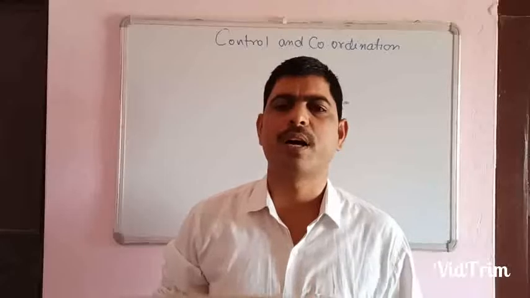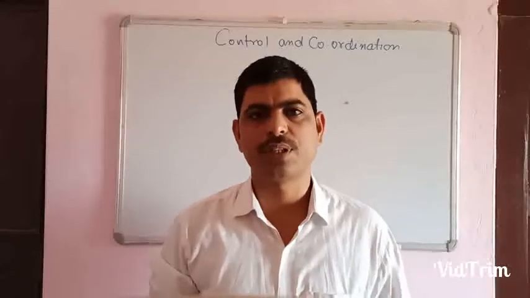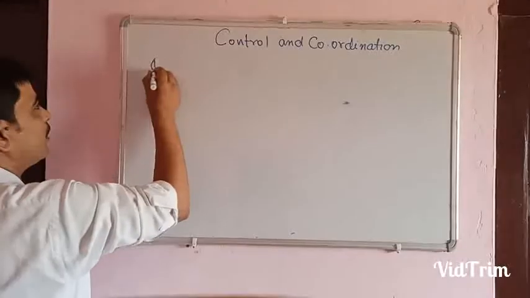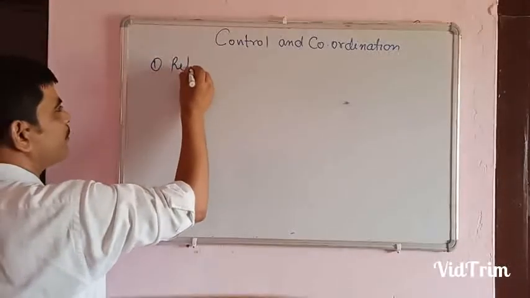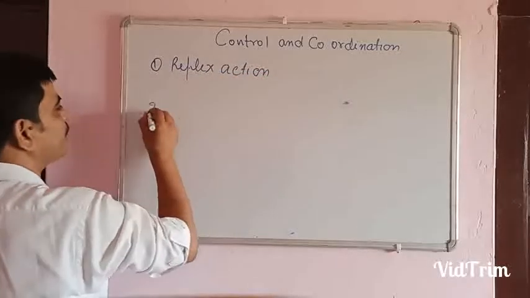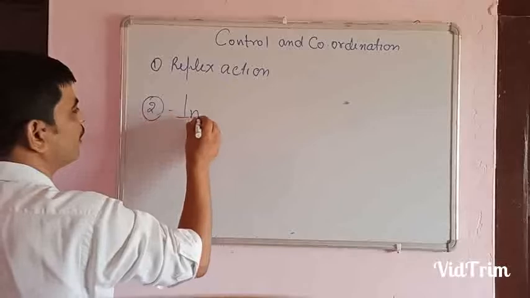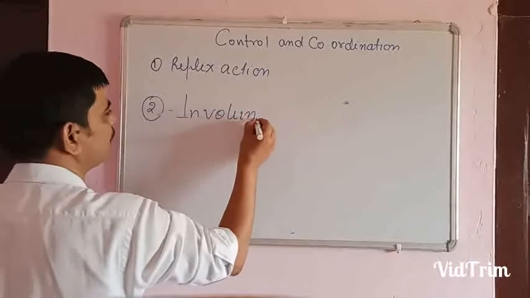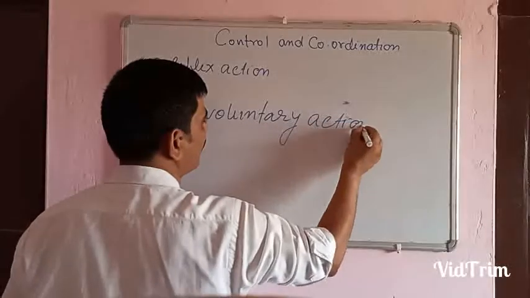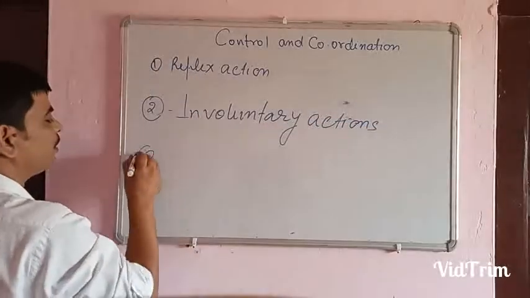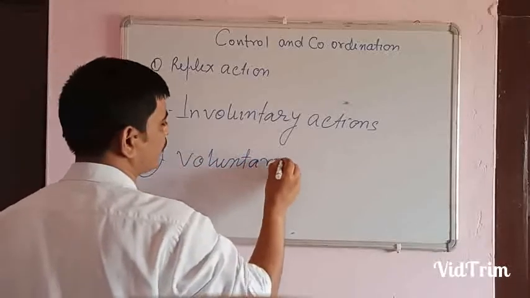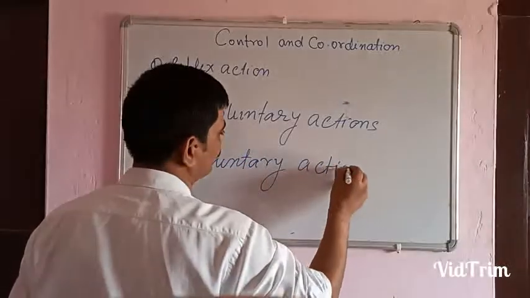Organisms generally perform 3 types of actions, 3 kinds of movements. These movements are: one is the reflex action, second is involuntary actions, and the third is voluntary actions.